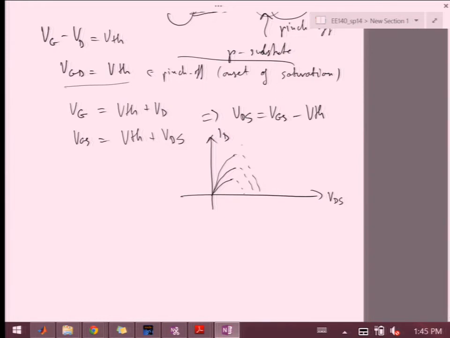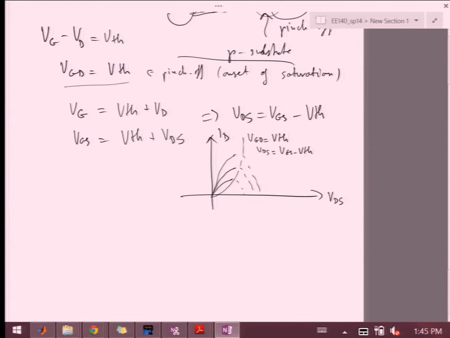But this line over here, which says that VGD equals V threshold, or that VDS equals VGS minus V threshold.